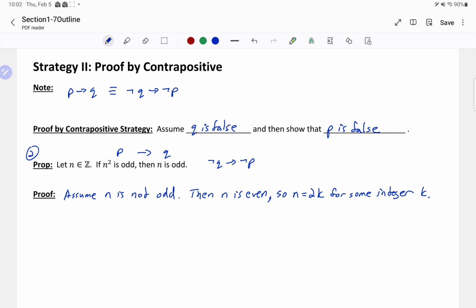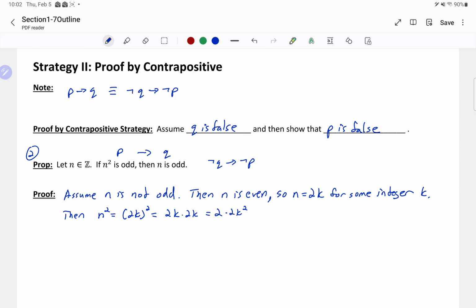All right? So now that we know that n is equal to 2k, we can look at what n squared is. So now we'll say then n squared is equal to (2k) squared, which is equal to 2k times 2k, which is 2 times 2k squared.